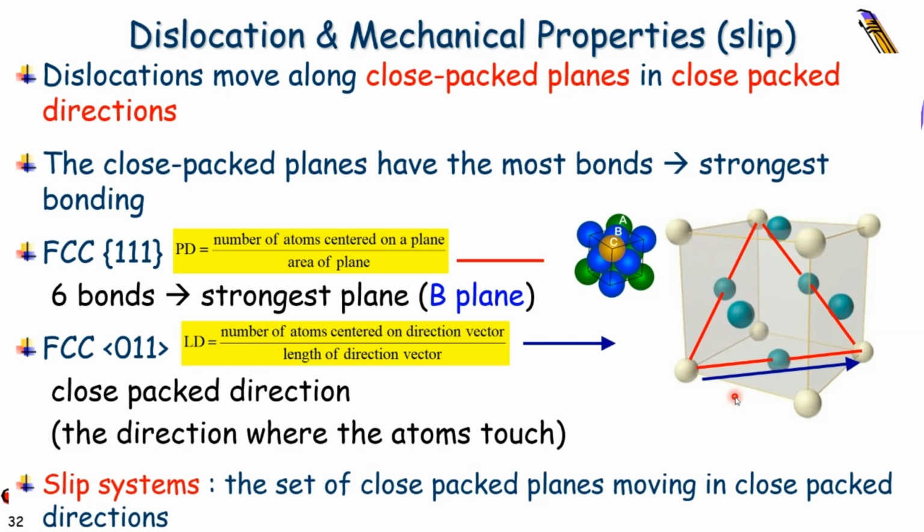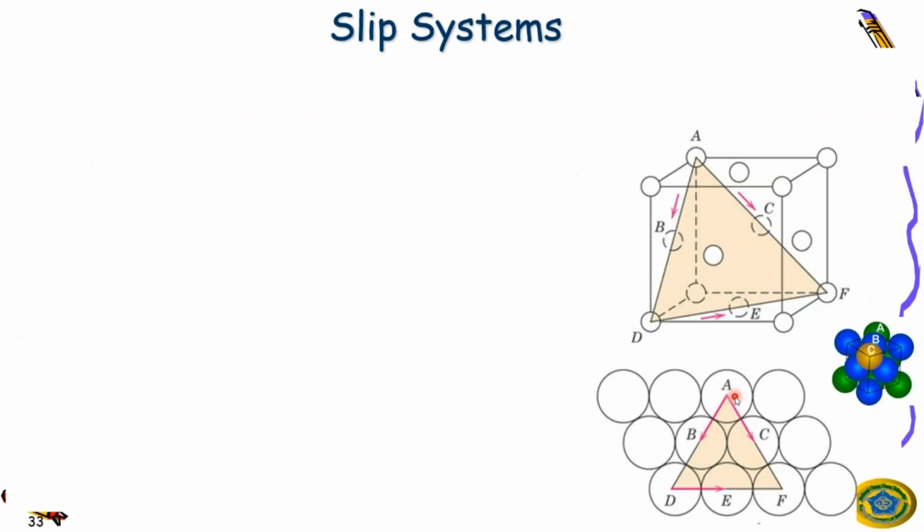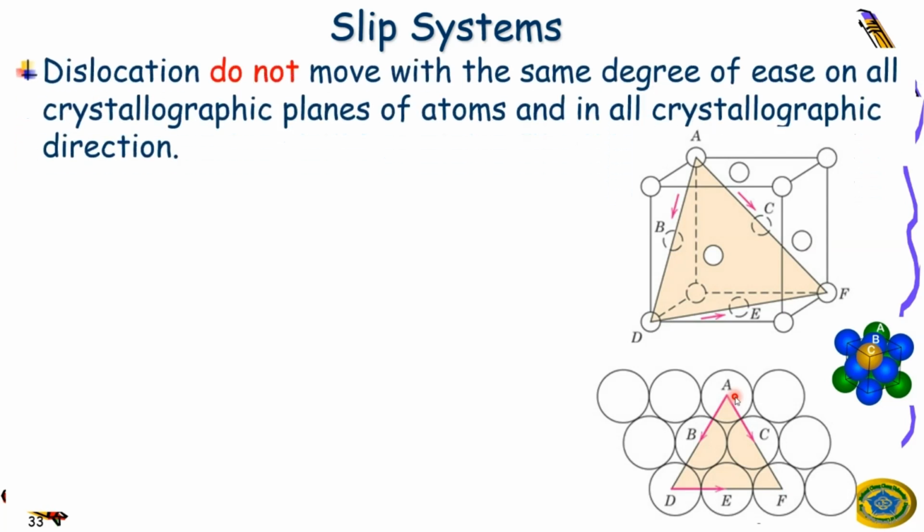So in a slip system, the dislocation does not move with the same degree of ease on all crystallographic planes of atoms and in all crystallographic directions. No, it cannot. It can only move in a close-packed plane, in the close-packed direction.